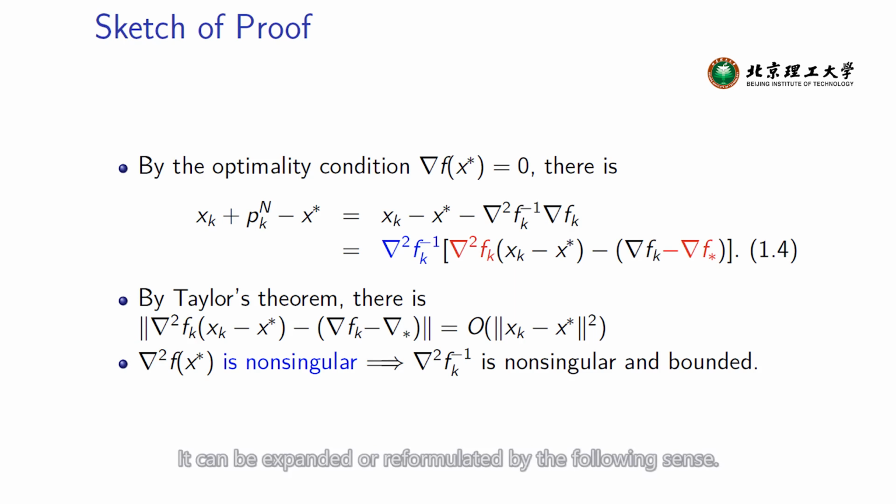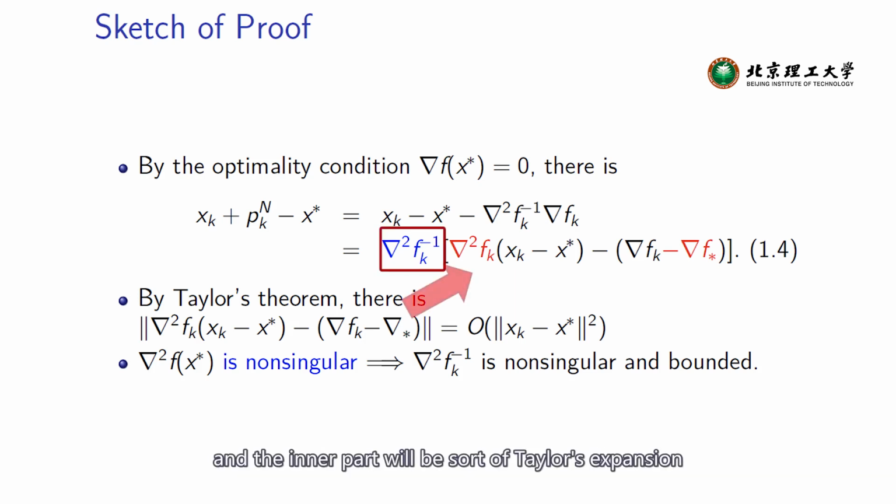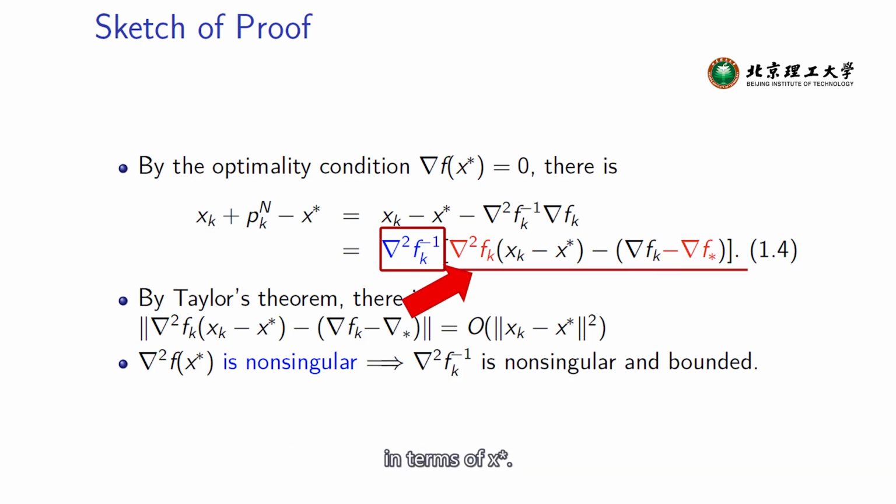It can be expanded or reformulated in the following sense. We pull out an inverse of the Hessian matrix at x_k, and the inner part will be a sort of Taylor's expansion in terms of x*.